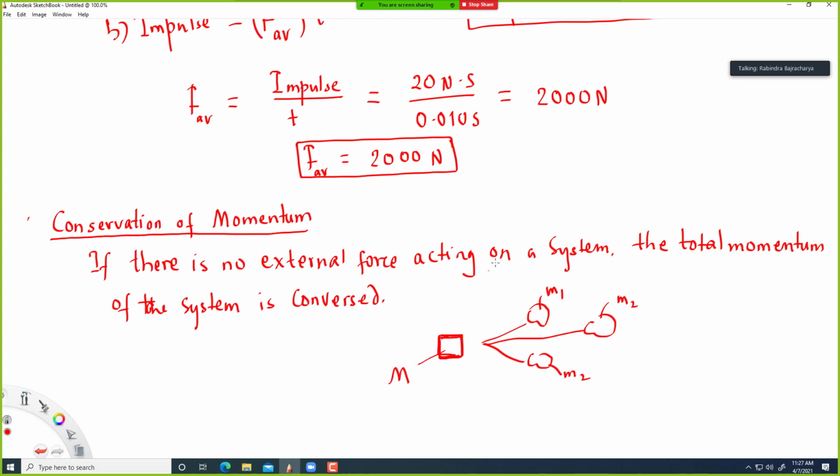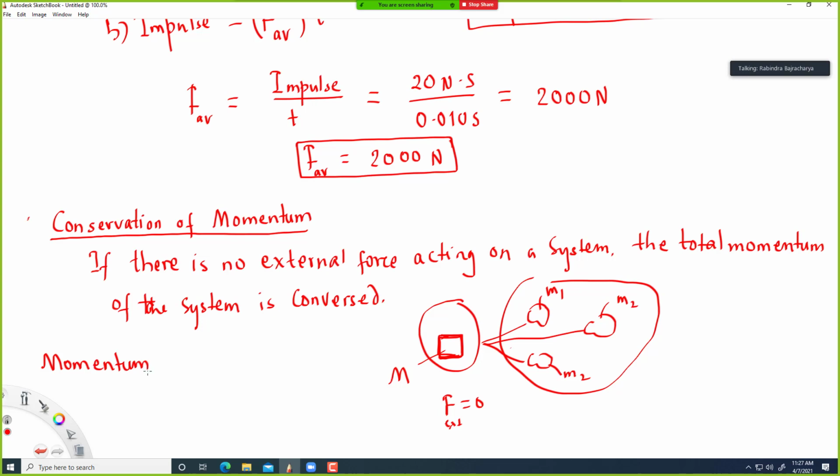This is a system, and this system explodes into 3 pieces. During the explosion, there is no external force acting on the object. Nothing is pushing or pulling the object. So in this case, the momentum of the system before explosion would be equal to momentum after explosion.